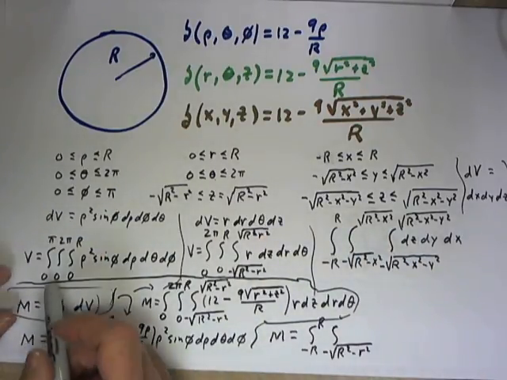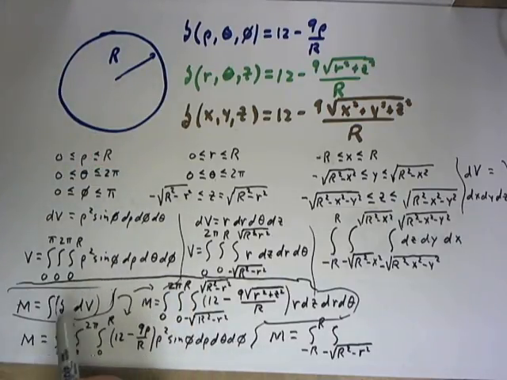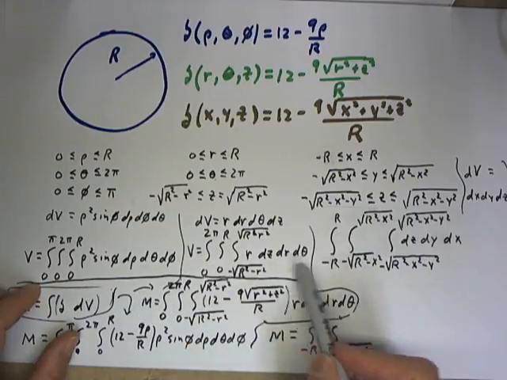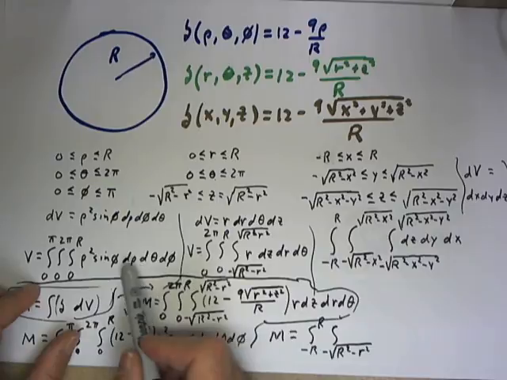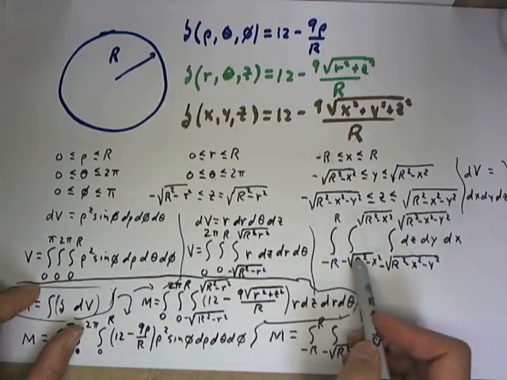One important point is the volume of this region, the volume of this sphere is what it is, and it doesn't matter whether we find it in spherical, cylindrical, or rectangular coordinates. We're going to get the same result if we do the integrals correctly in any of these systems.